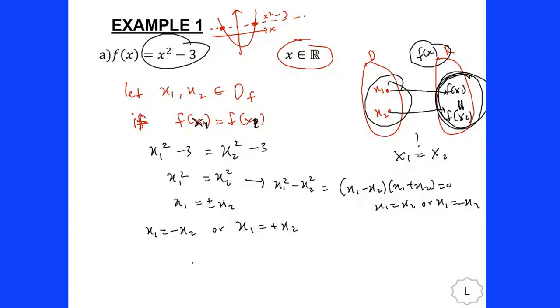Okay, so this means you have two numbers. This is considered not a one-to-one function. Since x1, x2 are in the domain of f and x1 equals plus or minus x2, therefore f is not a one-to-one function.